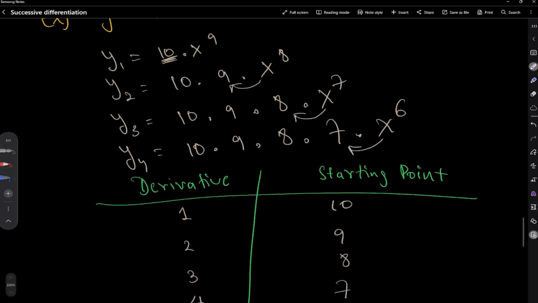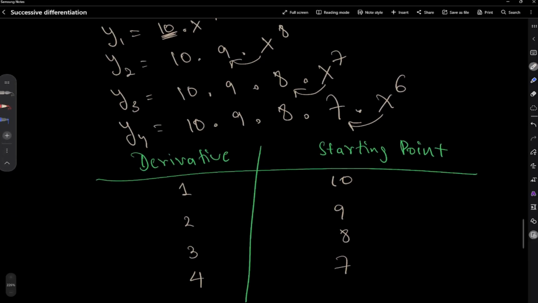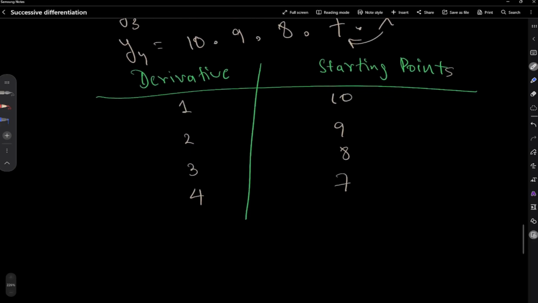And we needed to find an equation to make a general equation. We took the derivative on one side and the starting points on the other side. Now we needed to make an equation which somehow involved these two parts.